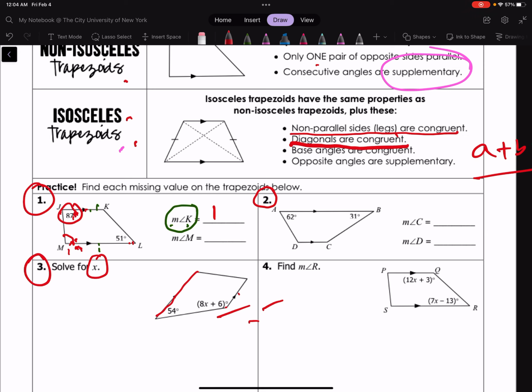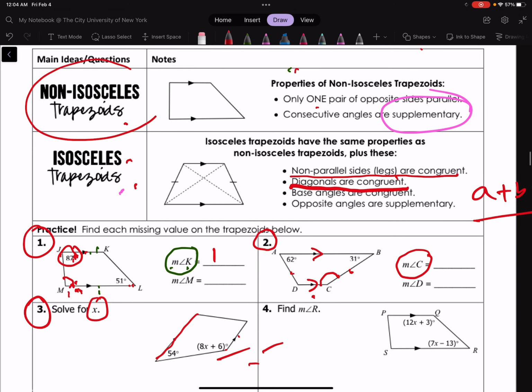If you look at this figure, obviously these are the parallel sides, and they ask for the measure of C. Since the non-parallel sides are not congruent, you are sure it is a non-isosceles trapezoid.